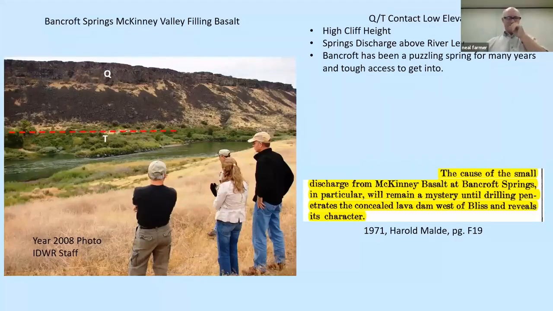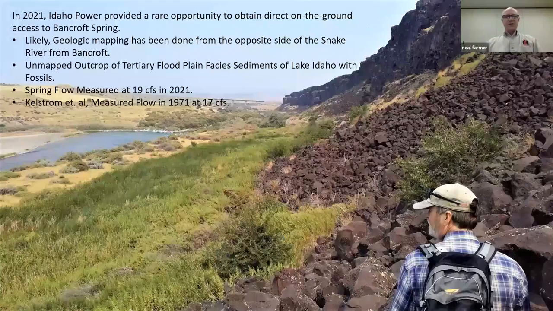This photo was taken back in 2008. Some of these individuals have retired or moved on. But in 2021, Idaho Power provided an opportunity for IDWR staff to go in and take a look at Bancroft Springs.